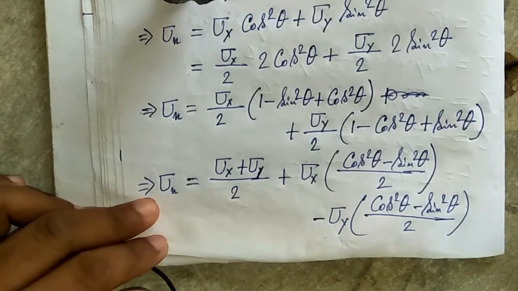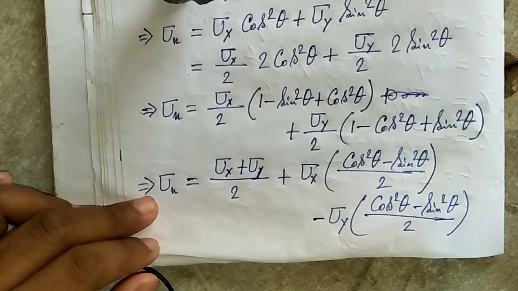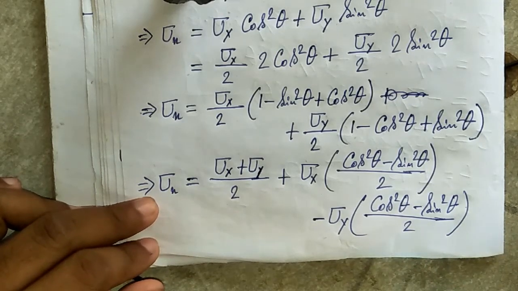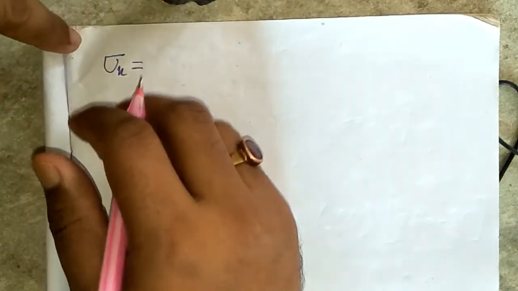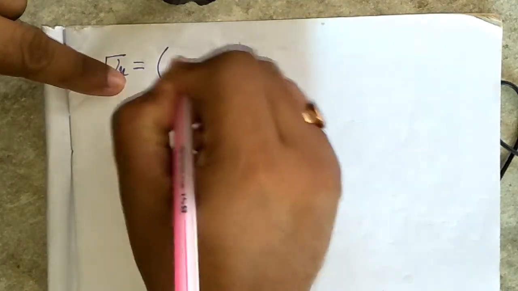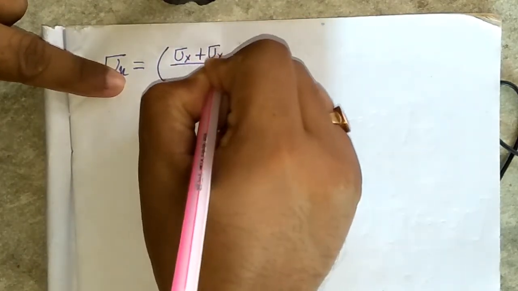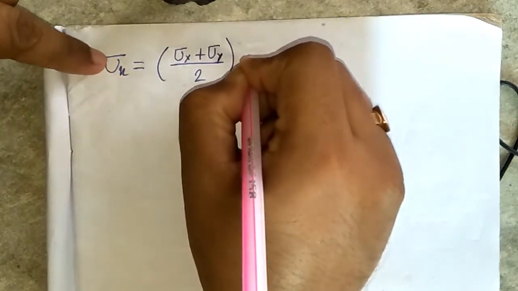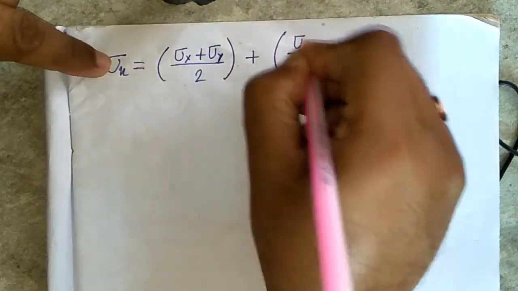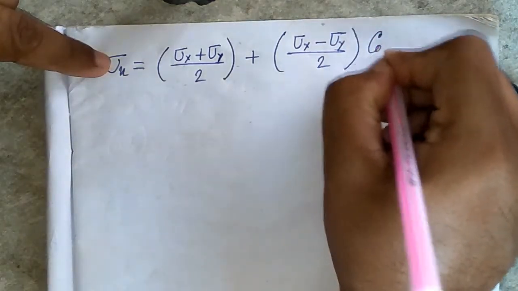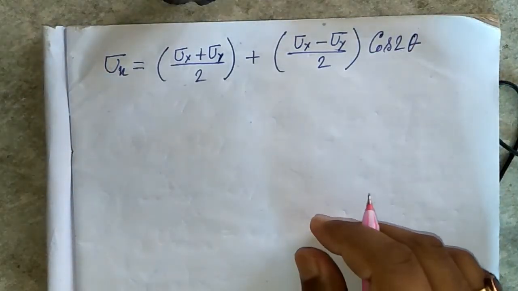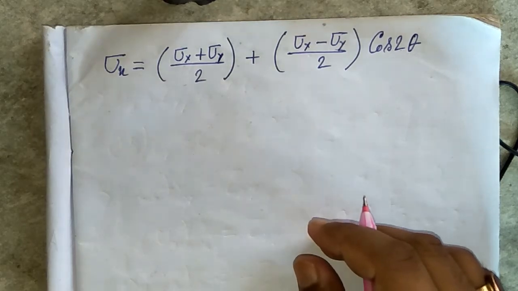So the value of sigma n becomes sigma x plus sigma y by 2 plus sigma x minus sigma y by 2 into cos 2 theta, because cos square theta minus sin square theta is cos 2 theta.